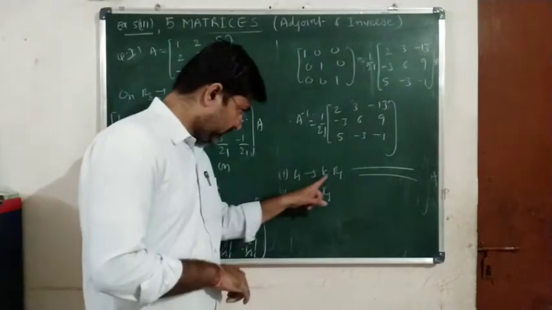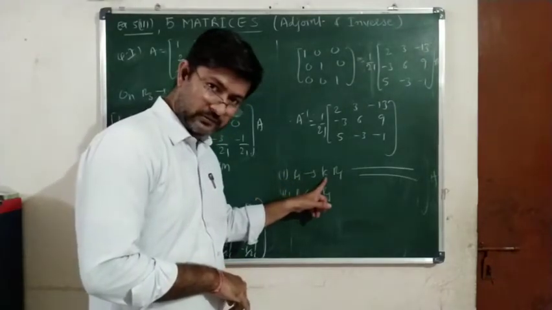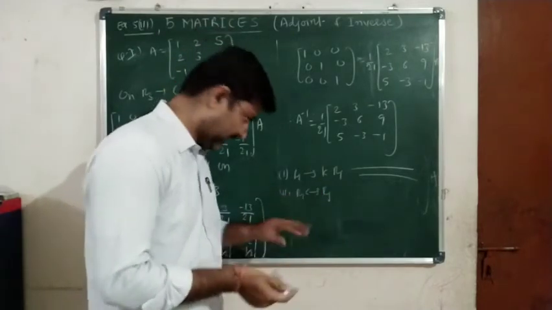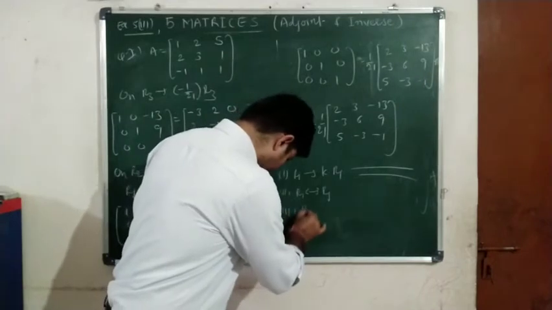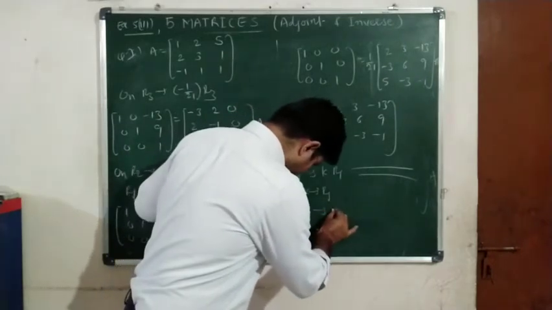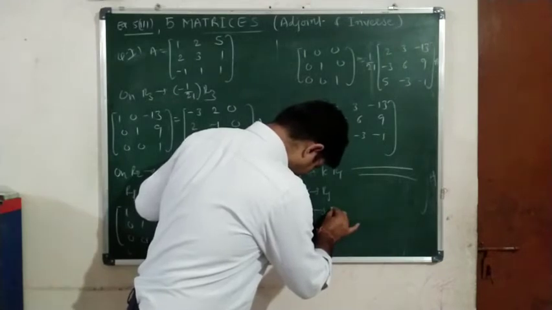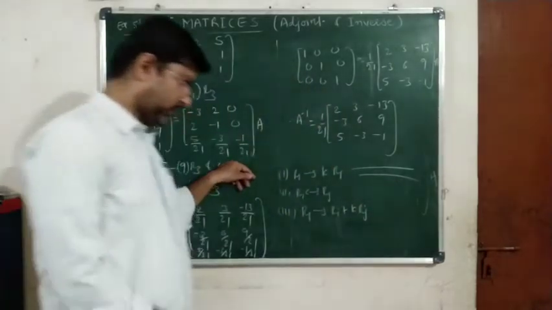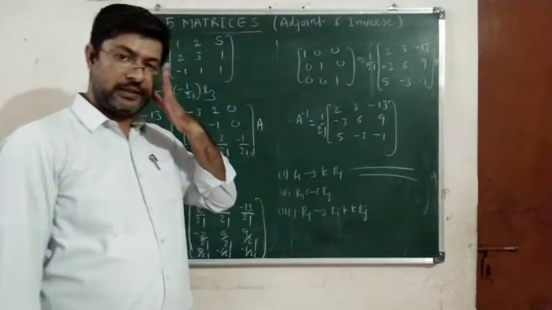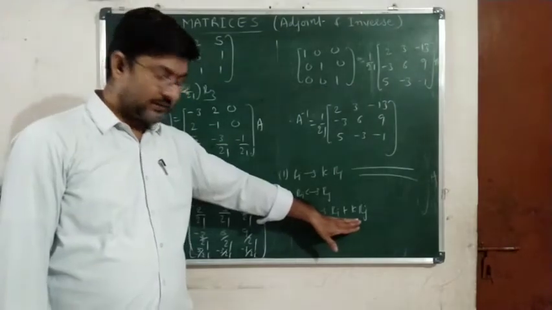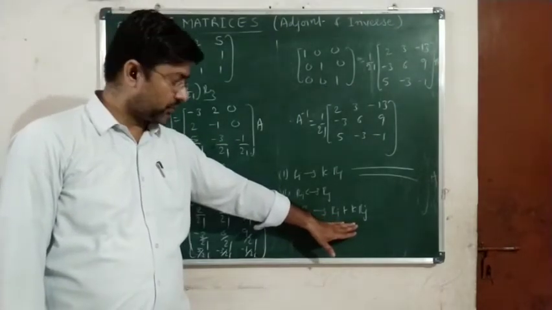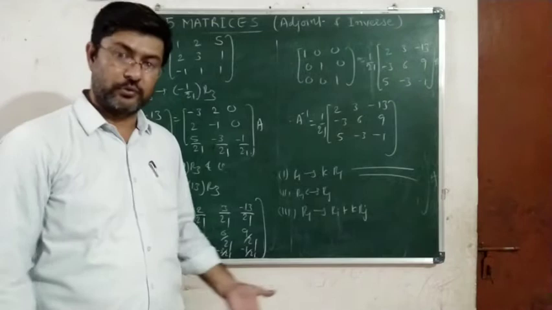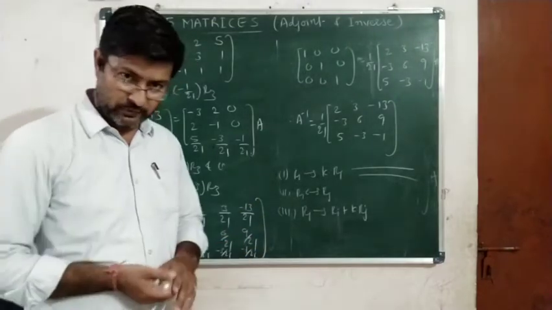So you can multiply any one row by some non-zero constant k. Second, Ri to Rj, interchanging any two rows. And third one is Ri to Ri plus k into Rj, yes or no? So it means multiplying each element of any one row by a non-zero constant k and adding to the corresponding elements of some other row. Clear? So these are the 3 row transformations.